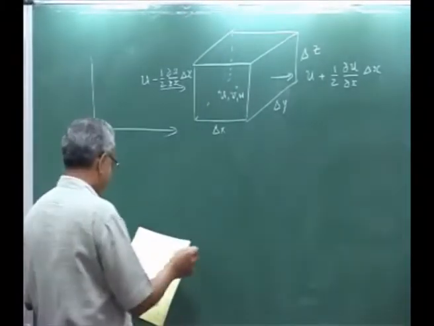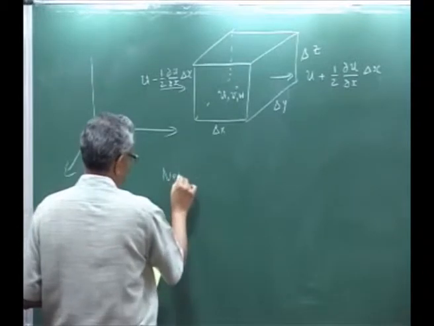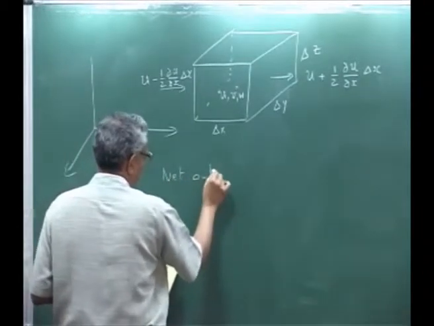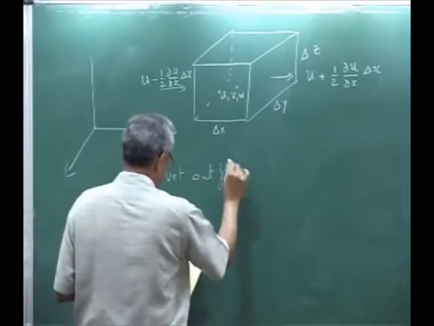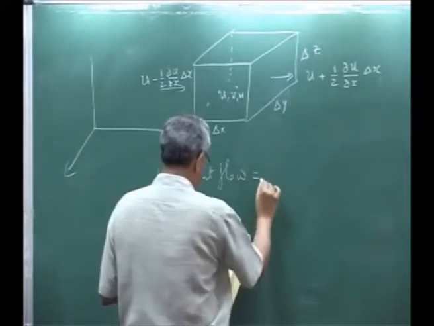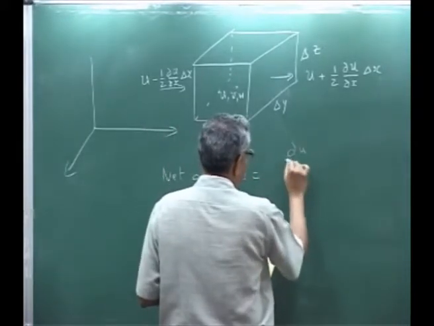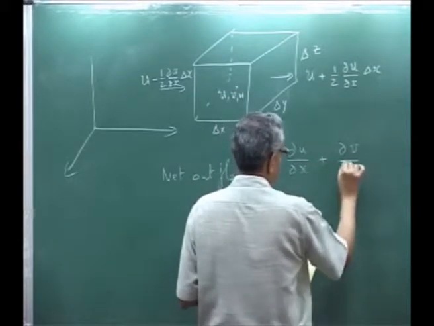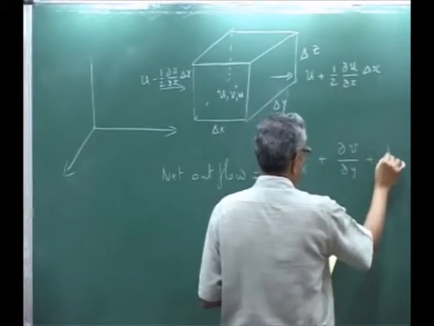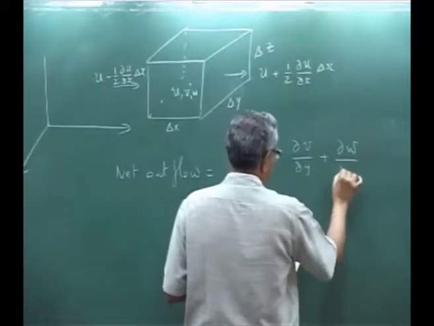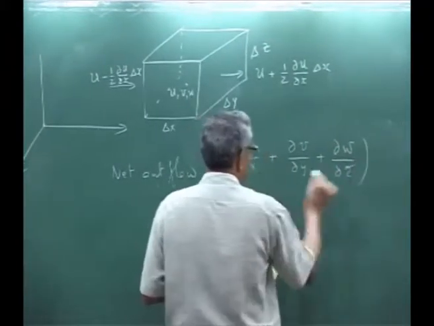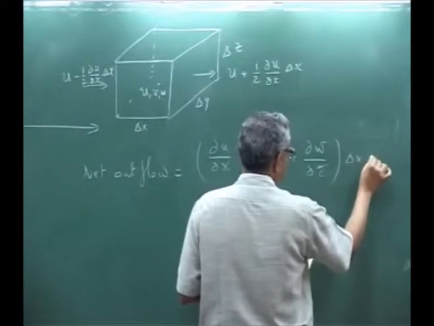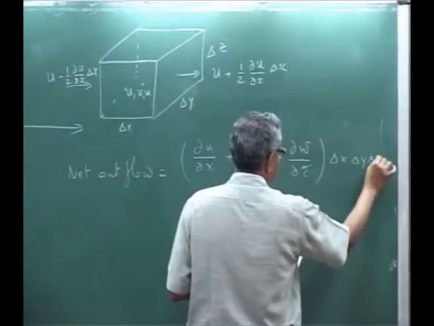So if you find the net outflow, it will be delta u over delta x plus delta v over delta y plus delta w over delta z. You will have delta x, delta y, delta z.